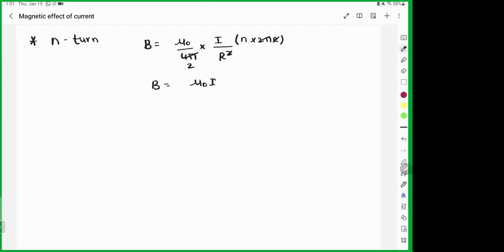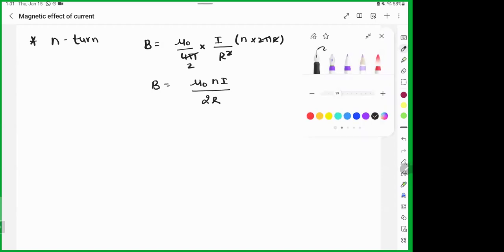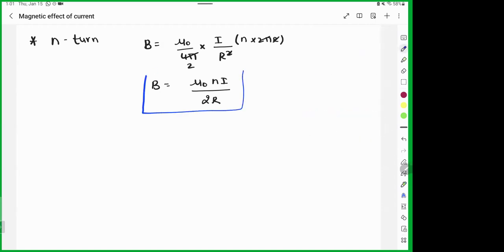Right? So the formula for the ring will be mu naught N I by 2R. Correct?